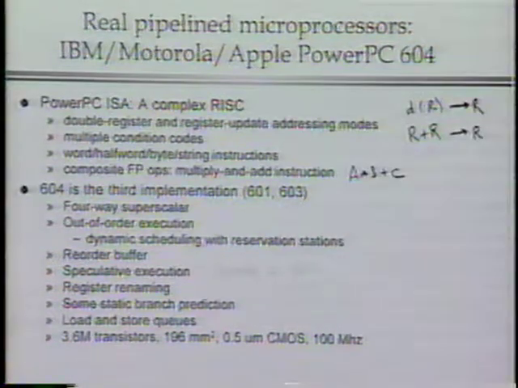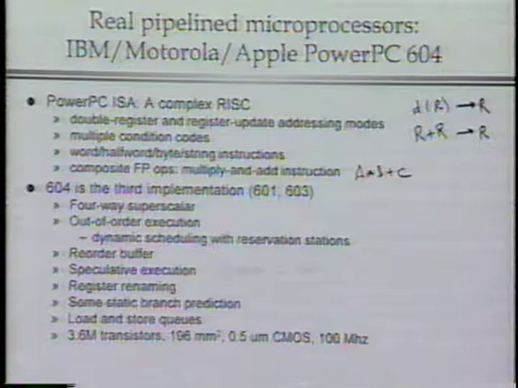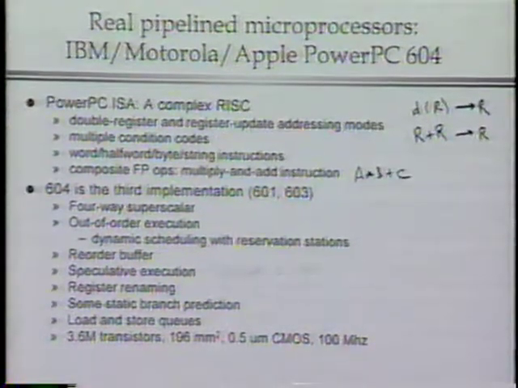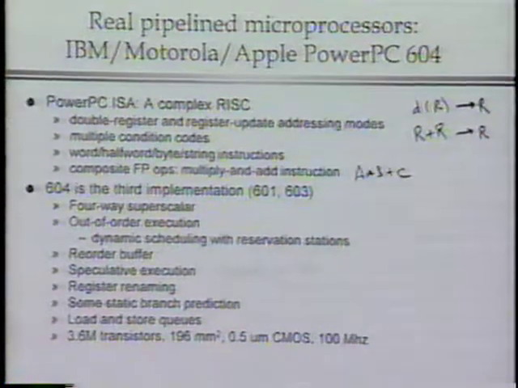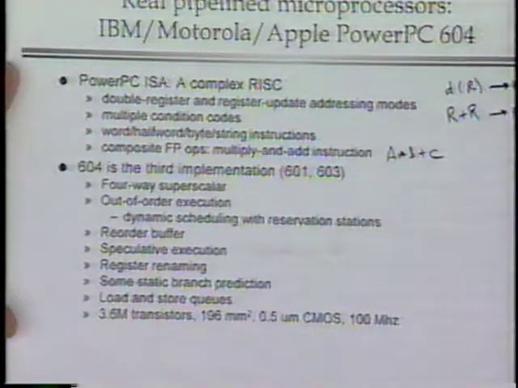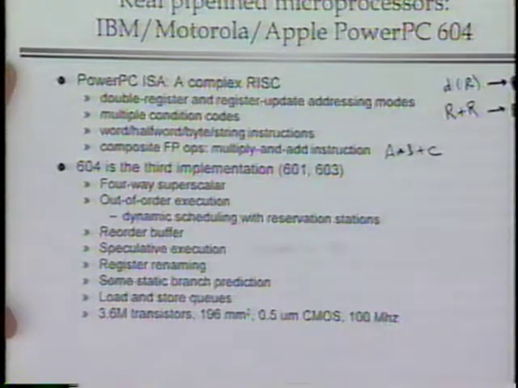Given this kind of instruction set to implement, their choice, rather than go for a very deep, simple, high-speed pipeline like the DEC machine, was to go for a more complex pipeline, a more complex machine in general, with a much slower cycle time, but more things get done in each cycle. And in fact, this is a machine that combines a lot of the features that we've been talking about in the last couple of weeks.